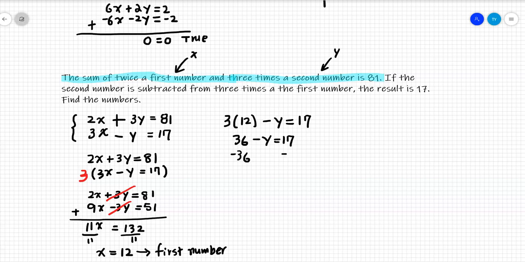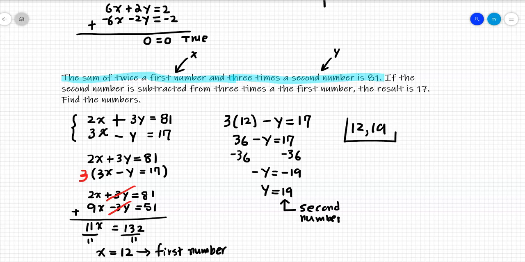Subtract 36 from both sides, so minus y equals minus 19. So y has to be 19, and that's going to be our second number. So the answer should be 12 and 19.